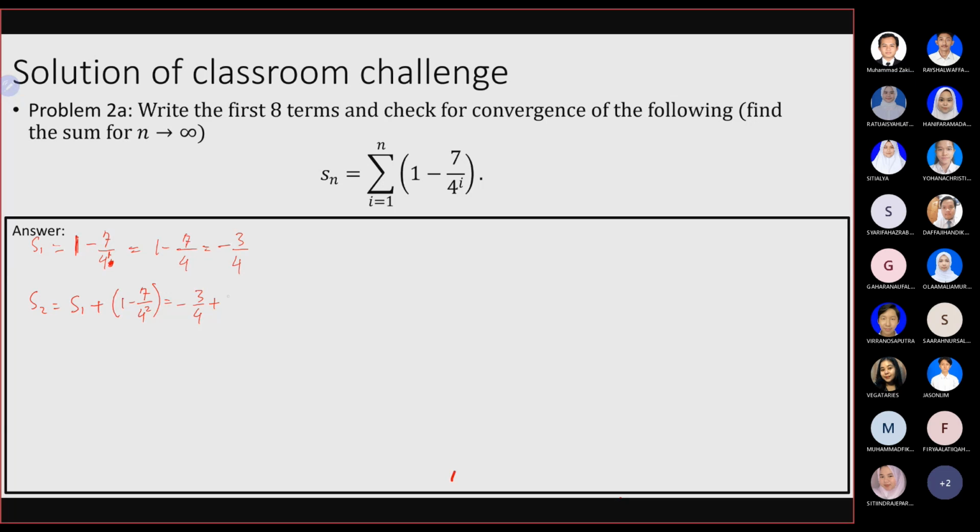plus, what is this? Plus minus 3 over 4 plus 1 minus 7 over 16, which is equal to minus 3 over 4 plus 9 over 16.